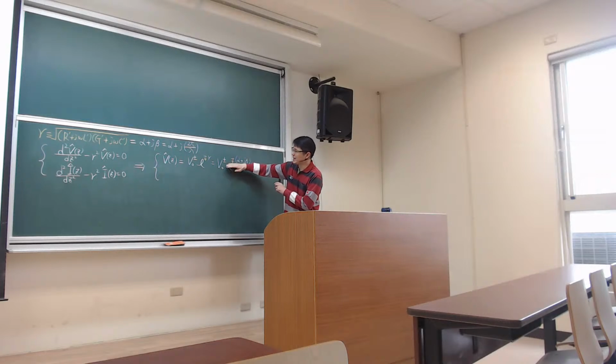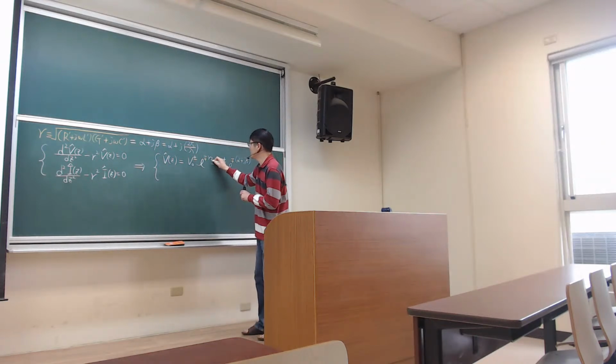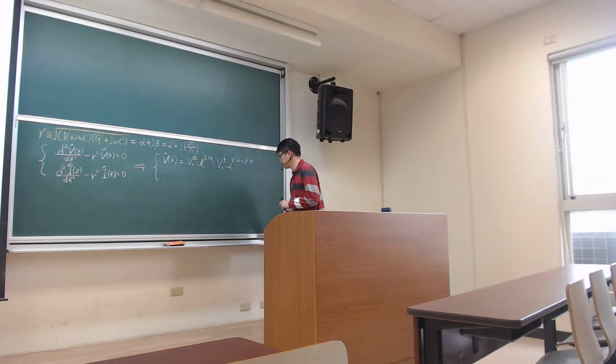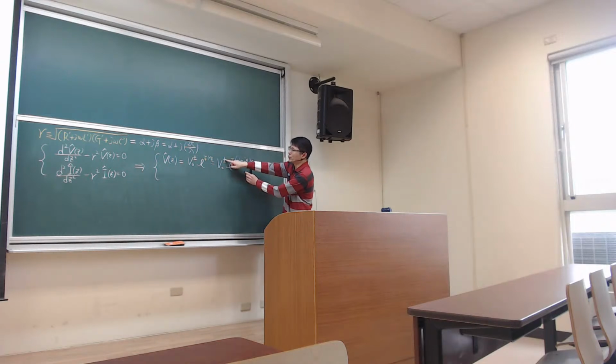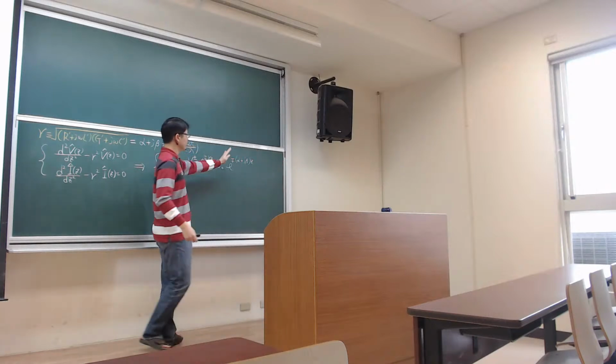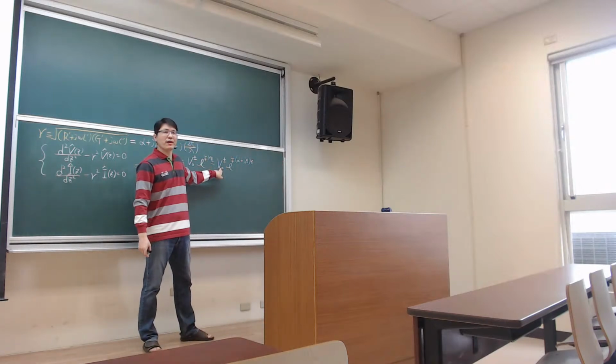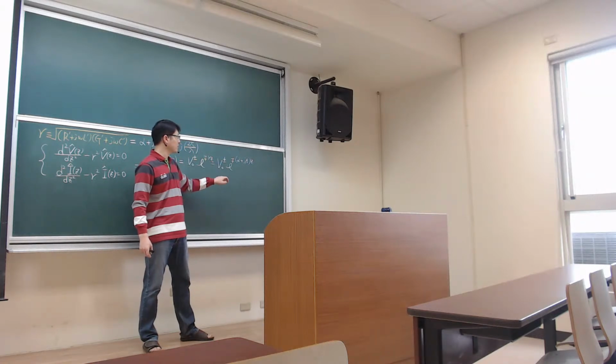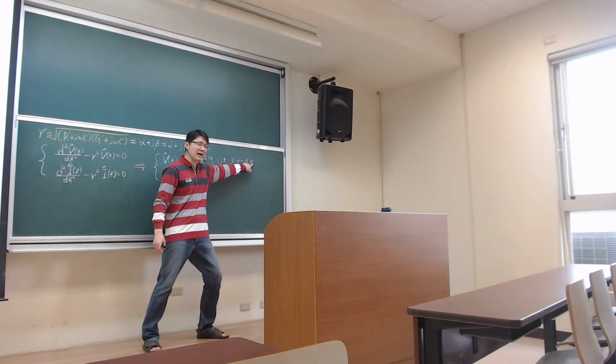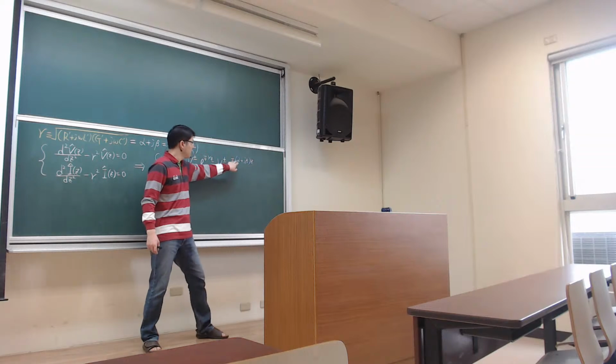For example, for the positive propagating wave, I look at the white part. I have a forward propagating wave, starting with an initial amplitude, V0 plus, and propagating into the positive Z direction.